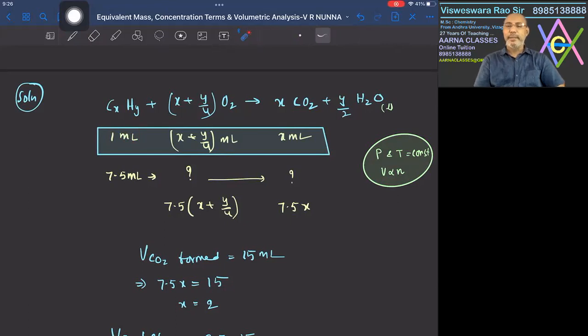That's what I'm doing, because the paper setter gave 7.5 ml of hydrocarbon. The paper setter is not giving the data in moles, he is giving the data in volumes, so directly solve the problem in volumes.